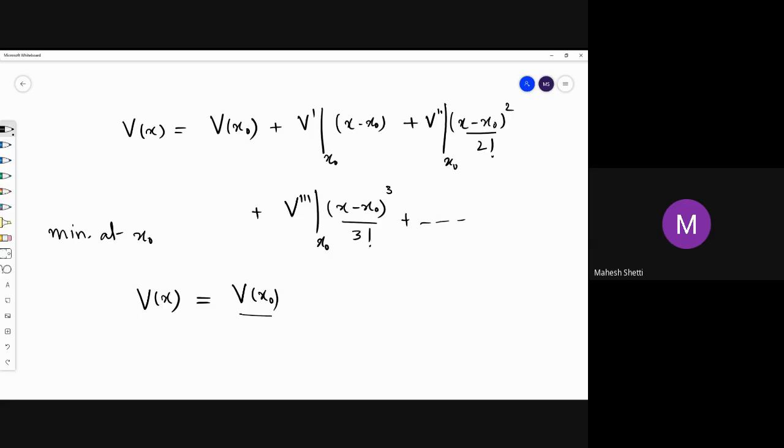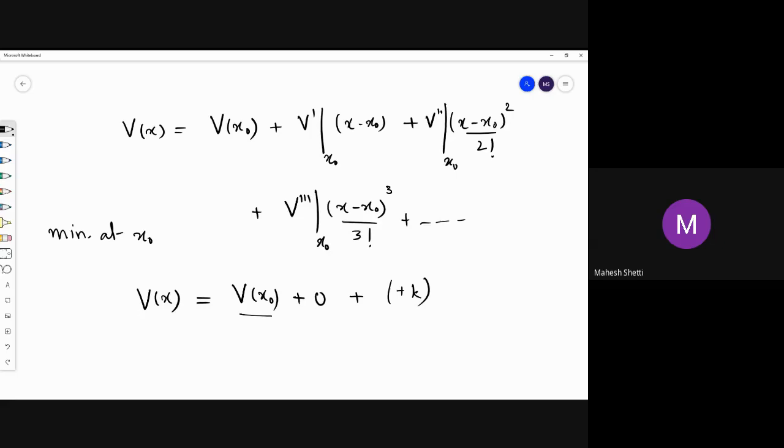The first derivative at the minimum of a function is 0. The derivative at minimum is 0. Then you will write all further terms. So this V double dash at x0 is going to be again some constant. And remember, if it is a minimum, the second derivative is a positive number. So it is going to be some positive number, which I'm going to call k.